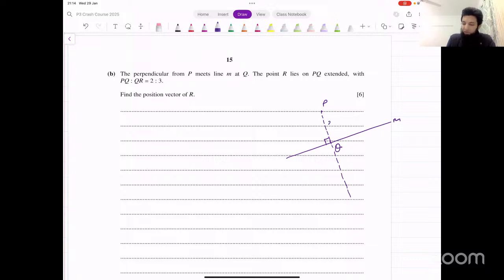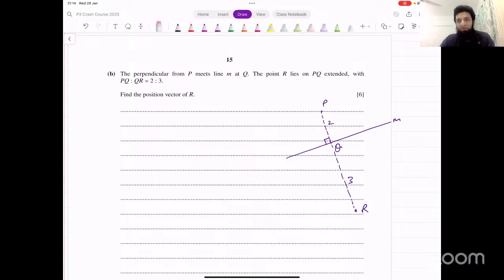If PQ is 2, then QR should be 3. That means this point should be somewhere around here. This is R, such that this distance is 3 units. Make sense? We need to find the position vector of the point R.